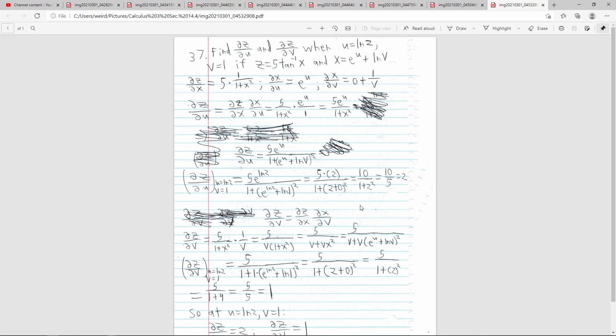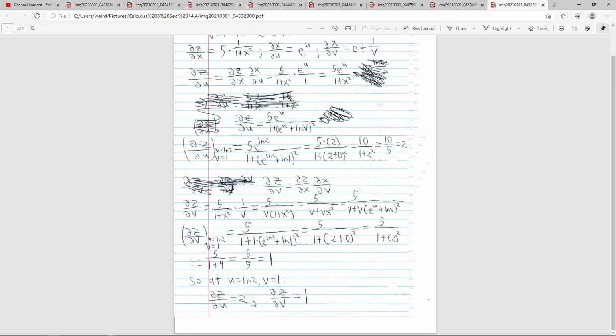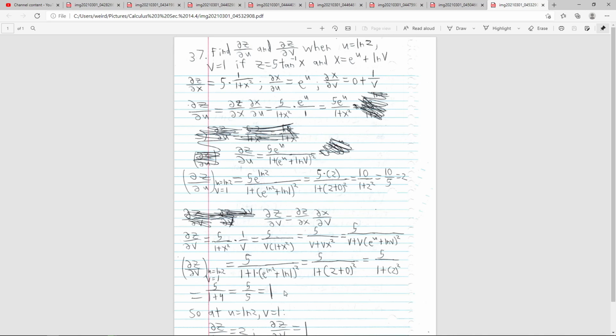You just have functions z and x in this problem, with u and v being given specific values. In the end you get 2 and 1 as shown here. dz/du is equal to 2 when u equals ln 2 and v equals 1, and dz/dv will be 1 when u equals ln 2 and v equals 1.